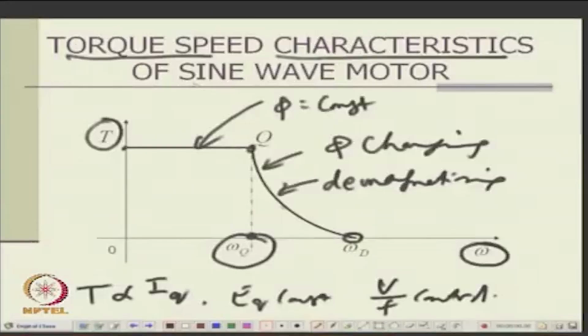So this is a torque speed. It cannot be called characteristics. It can be called torque speed capabilities, right. This is, you can say, capability: how much the machine is capable of generating. Okay.